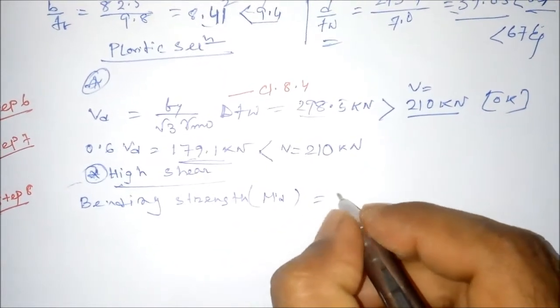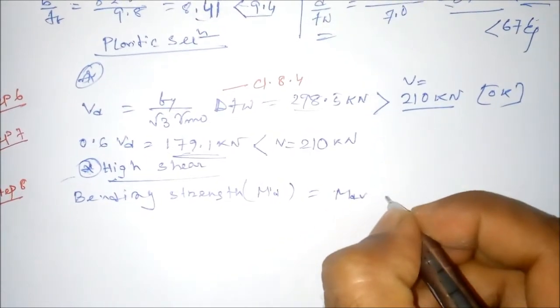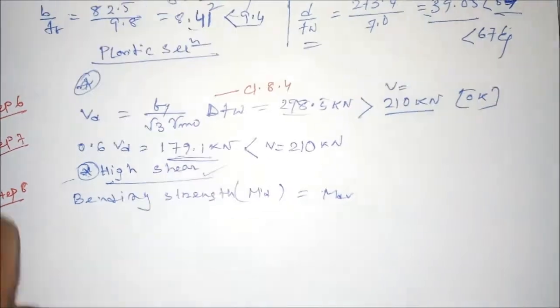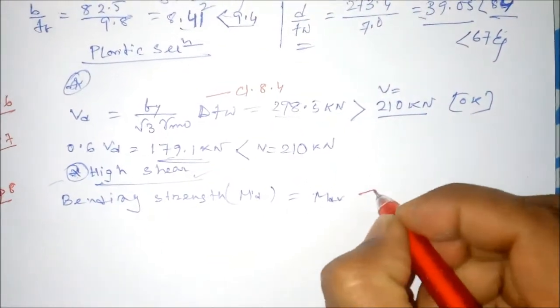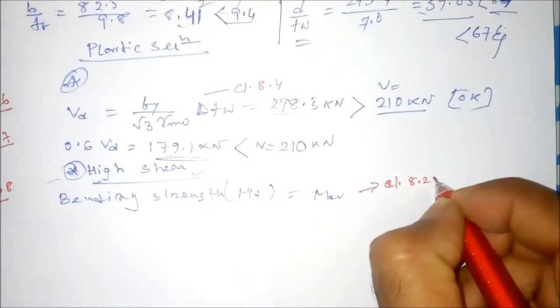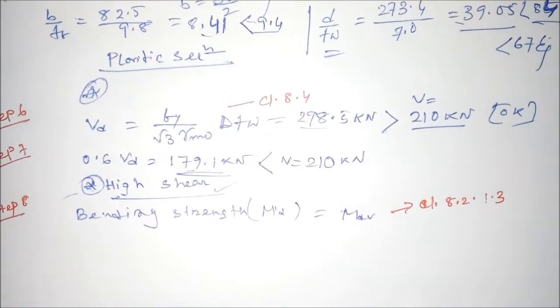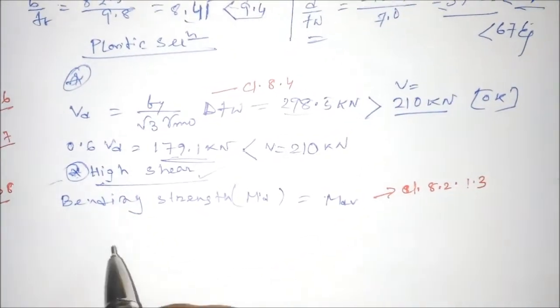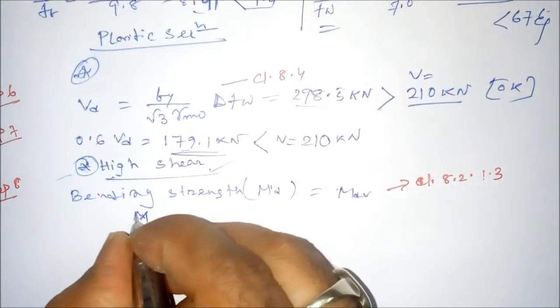This will be basically MDV for high shear condition, and this is given in clause number 8.2.1.3, right? And you have to find out the value of MDV for that.